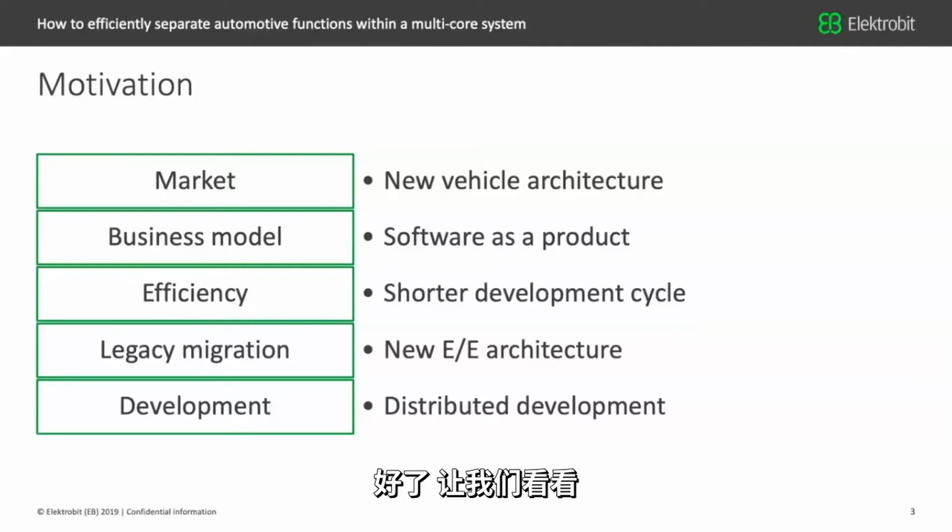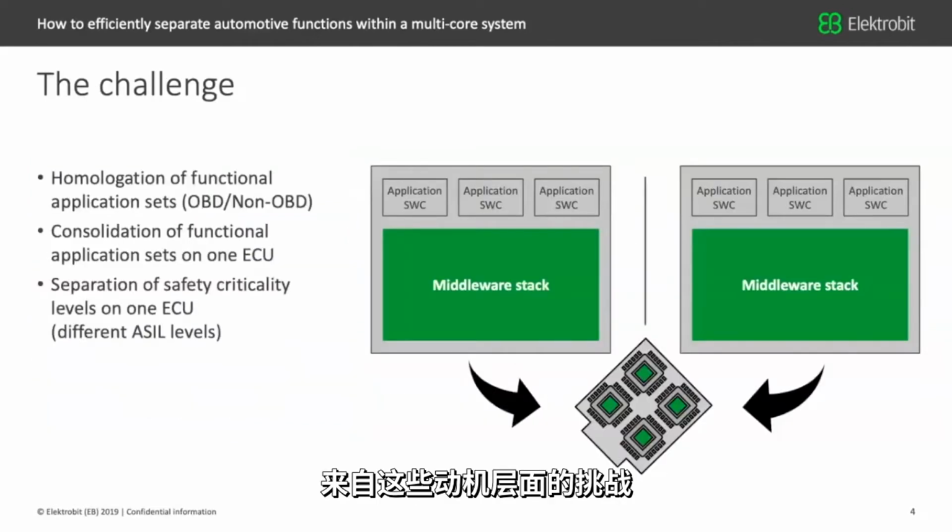Okay, let's look at the challenges which arise out of these motivational aspects. So one big challenge is the homologation of functions within the vehicle. We have different development cycles for different parts within our ECU.